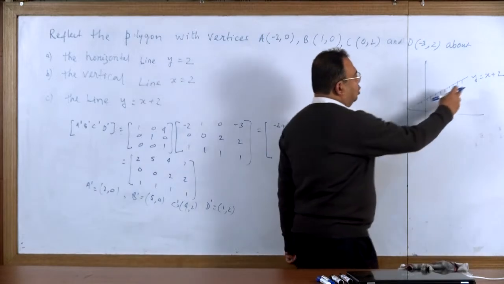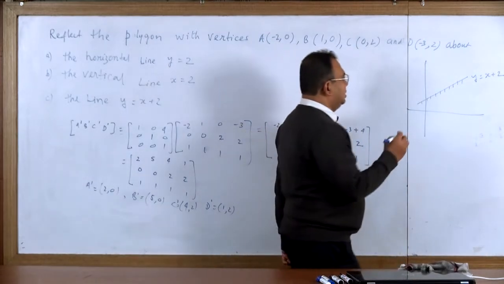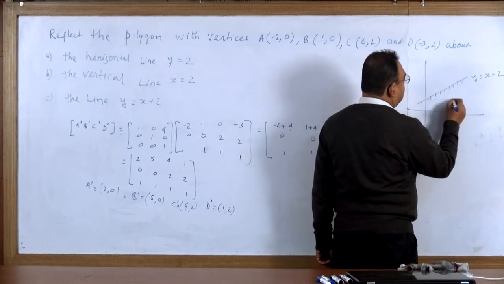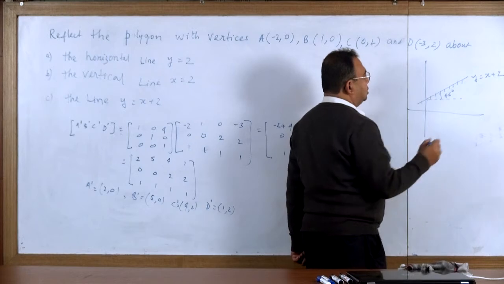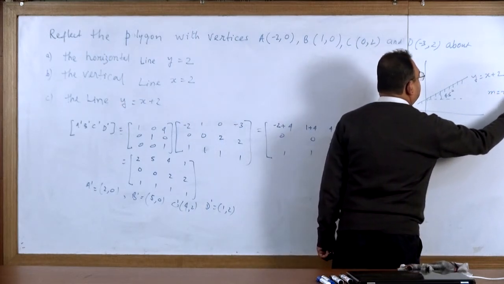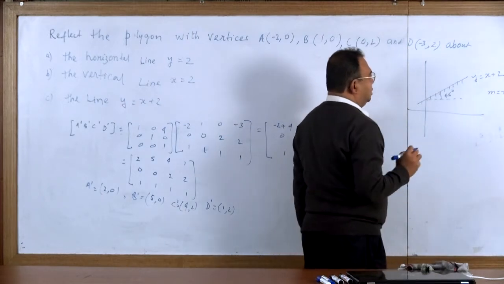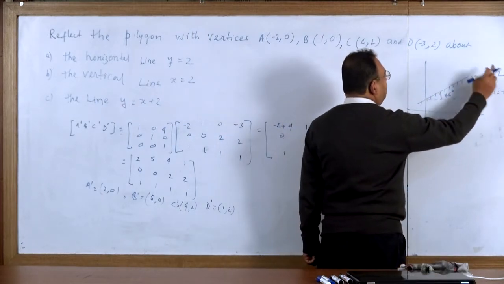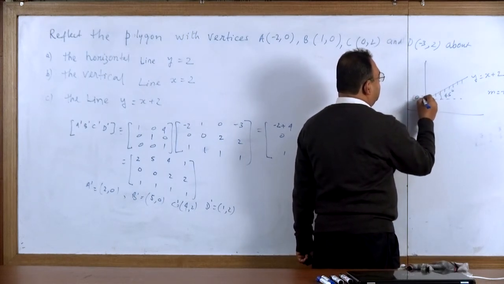Here the slope m is 1, that means it is aligned with the x axis at 45 degrees, because m is equal to tan theta, which is 1, and it is passing through 0, 2. So, this point is 0, 2.